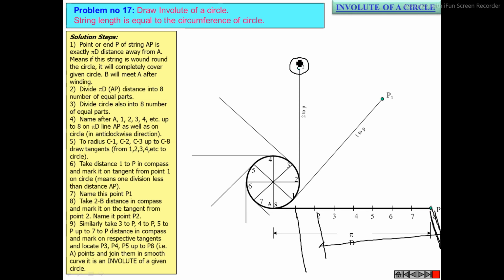Yes, sir. Similarly, 3 to P, 4 to P, 5 to P, 6 to P, 7 to P, and then last is 8 to P. If you see, 8 to P is a point itself, so your last locus point will lie on this point 8 of the circle, correct?